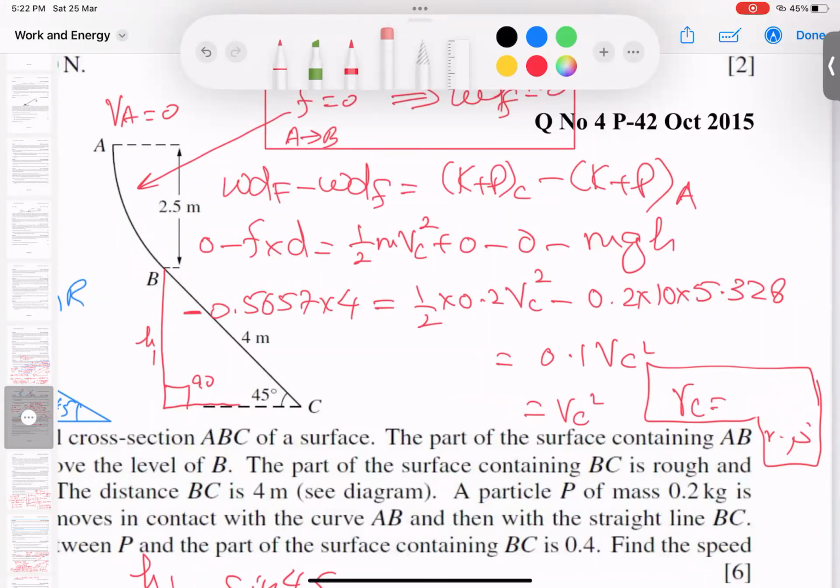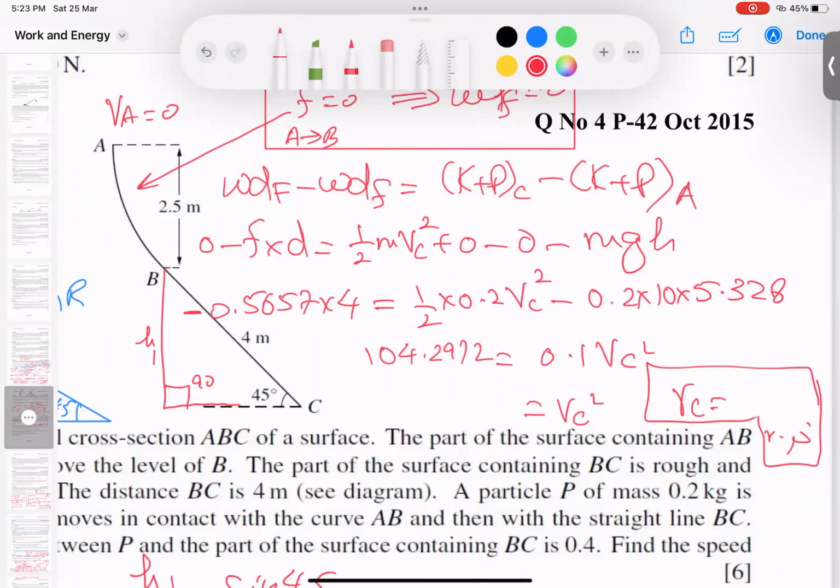It means negative 0.5657 times 4 and plus 2 times 10 times 5.328. Okay. And I got what here? 104.2972 and divided by 0.1, and then I take the root.